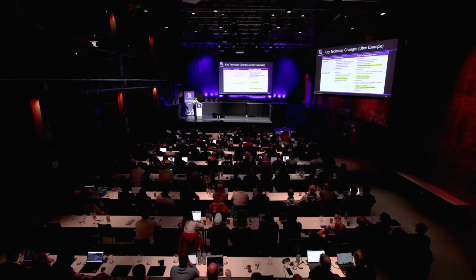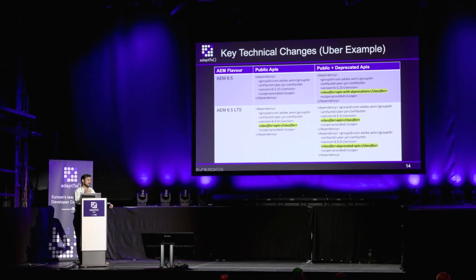So in AEM 6.5, actually, you have two uberjars. One is the public APIs, and another one has both public as well as deprecated APIs. But in 6.5 LTS, that got changed. So in the public APIs, we have a classifier, and if you are still using deprecated APIs, then you have to add both dependencies, because now the public API jar only has public APIs, and the deprecated API uberjar only has deprecated APIs.